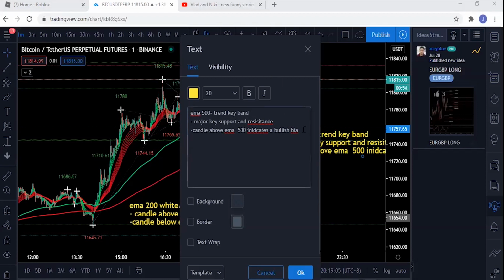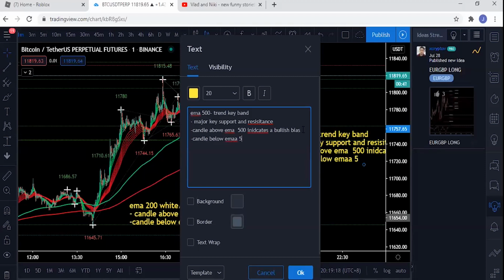And then a candle below our EMA 500 indicates a bearish bias.